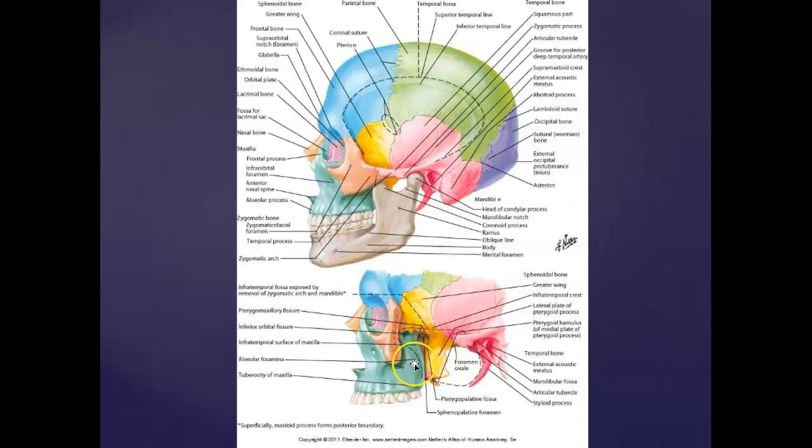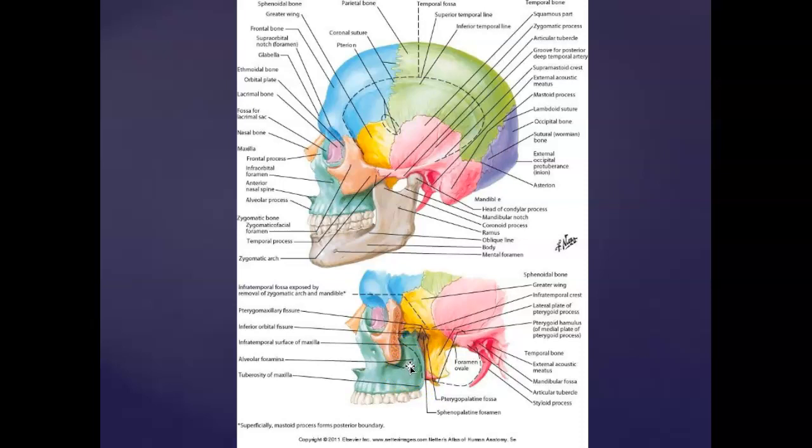This is an important space for dentists to know, because this is where the nerve comes out. This is where you need to get numbed for dental work on the upper jaw. The superior alveolar nerve comes right out of here and supplies sensation to the upper jaw. So if you have work done on your teeth, this is what gives you a dulled sensation over that area, if they can put an injection of Novocaine or some type of numbing agent right into that space.